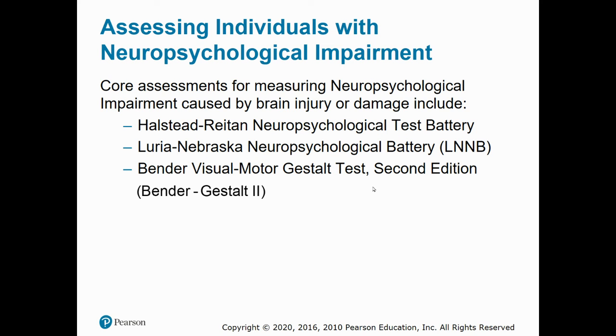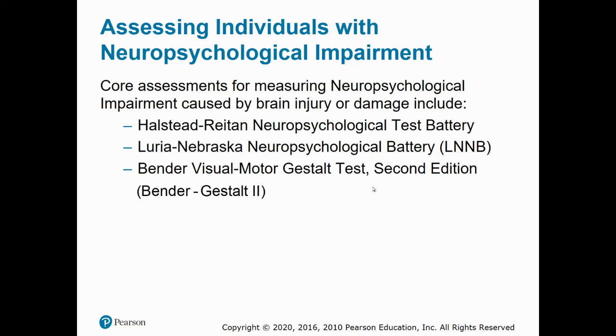So if we're assessing someone with a neuropsychological impairment, and I don't really imagine that we would do that unless we were working with a psychiatrist or a psychologist, and that was just our full-time job. In that case, we may. I guess I have used the Bender before.